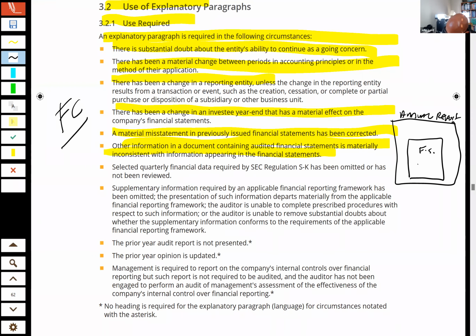The auditor's opinion, and I think we looked a little bit at Apple last time, covers the financial statements. It doesn't cover the annual report. There may even be a requirement that there be supplementary information.